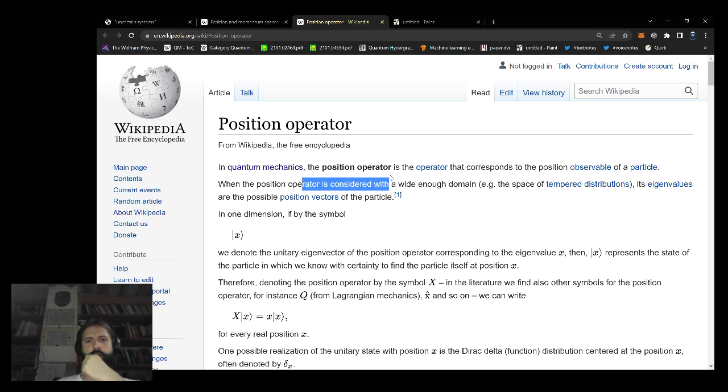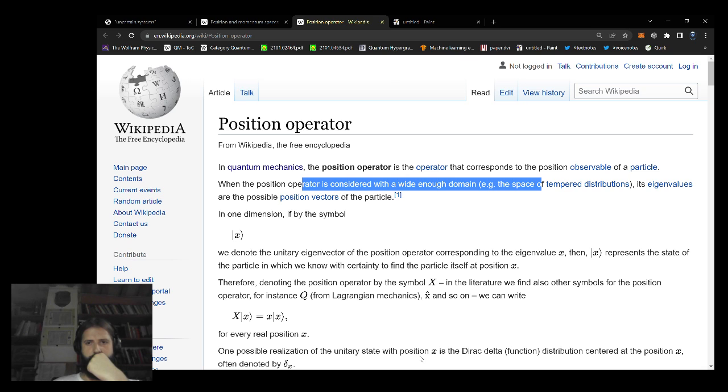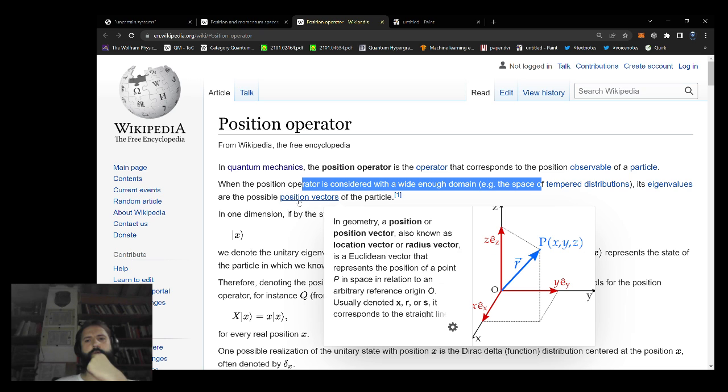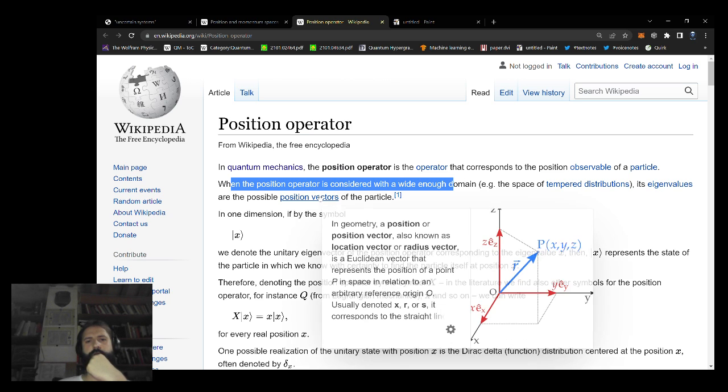When the position operator is considered with a wide domain, the space of tempered distributions, its eigenvalues are the possible position vectors of the particle.